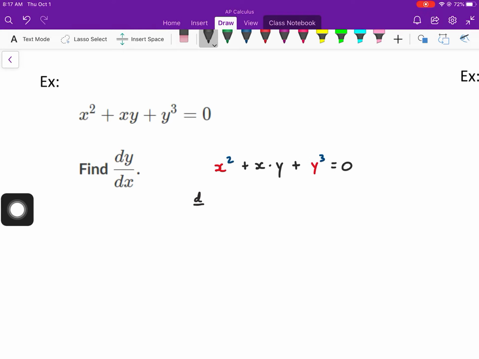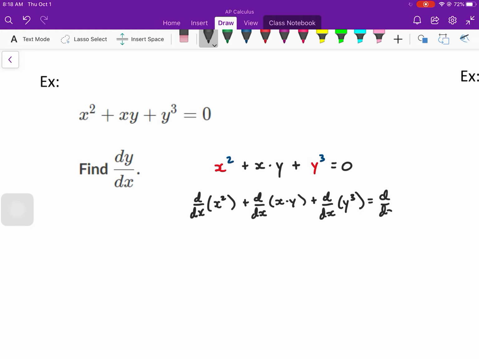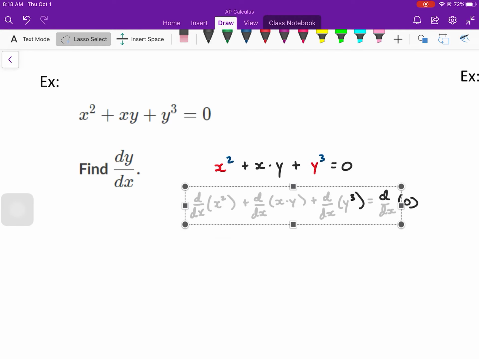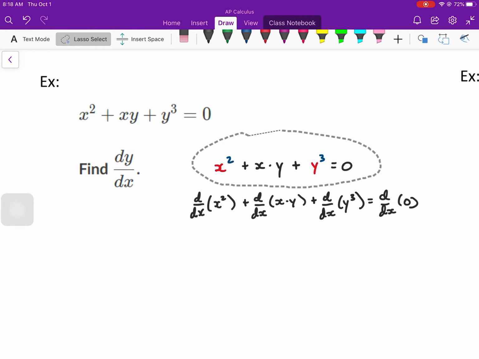So I'm going to take the derivative in respect to x of x squared, and then I'm going to take the derivative, really it's dy dx. Well, we're finding dy dx. I'm just taking the derivative in respect to x of everything. And you'll kind of get this down where you don't have to do all this writing each time.